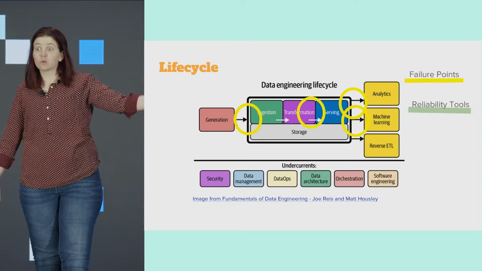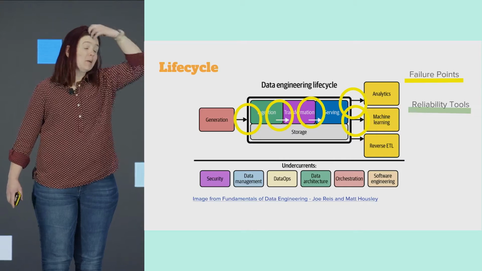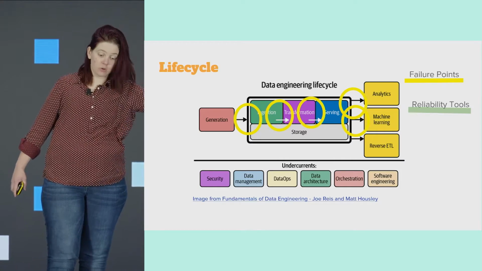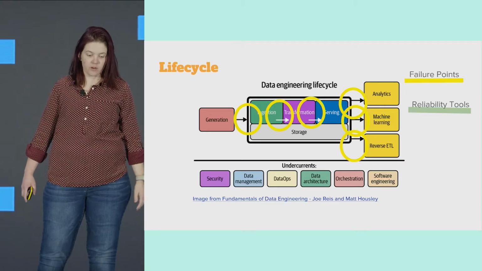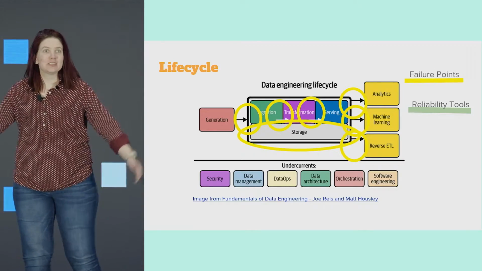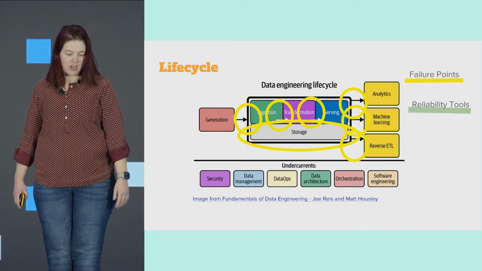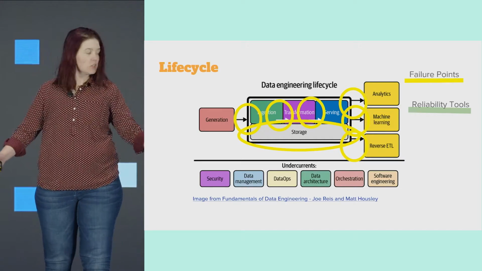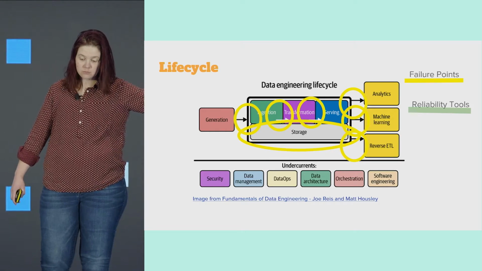It could go down when we're running a transformation. It can go down when we're trying to pull it from the data store. It can go down when we're sending it to our reverse ETL engine. The data store itself could have issues. So literally anywhere we could have an instance of data downtime.